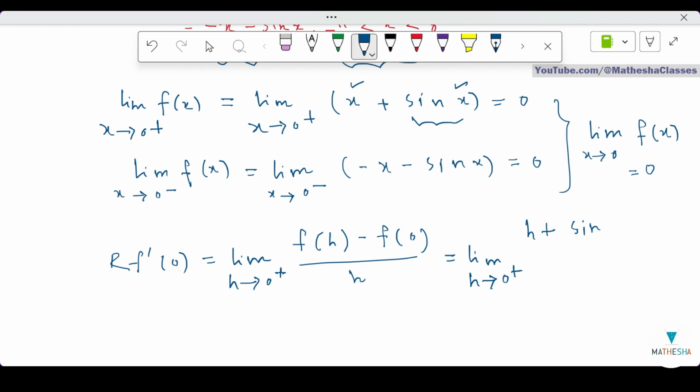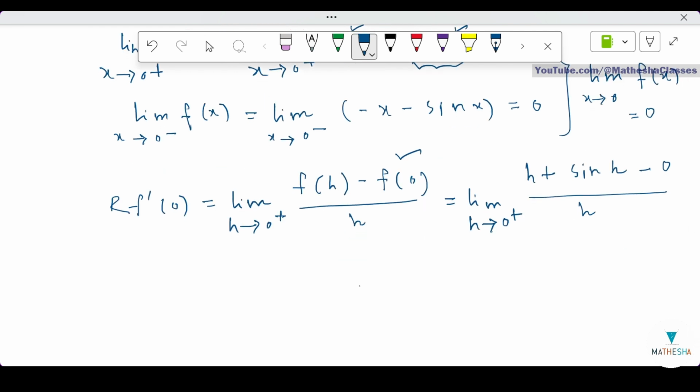And f(0) is 0, so minus 0 by h. So you can see that if you put h equal to 0, you get 0 in the numerator and 0 in the denominator. So definitely it is of the form 0 by 0, an indeterminate form.